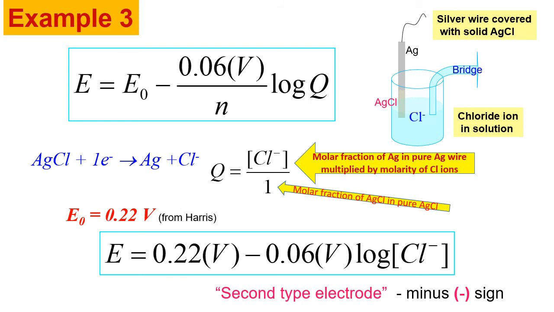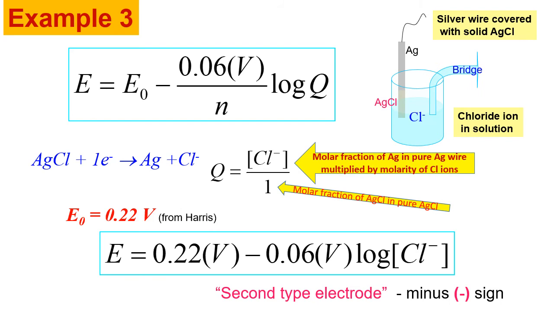Third example. Let's put a silver wire covered with solid silver chloride into a solution of chloride ion. Now our reaction is different from the previous one. We have solid AgCl taking 1 electron, making Ag, that is silver metal solid, and chloride ions in solution.